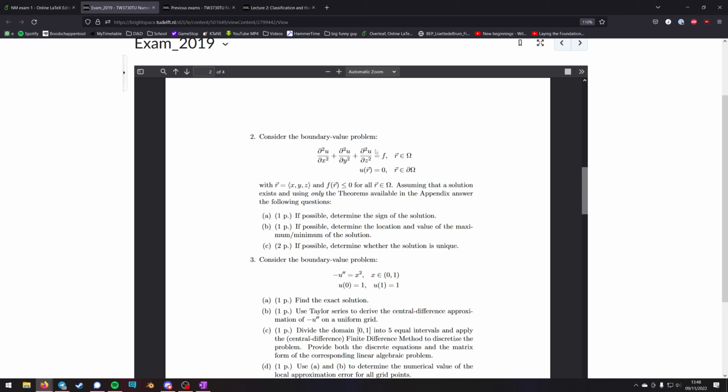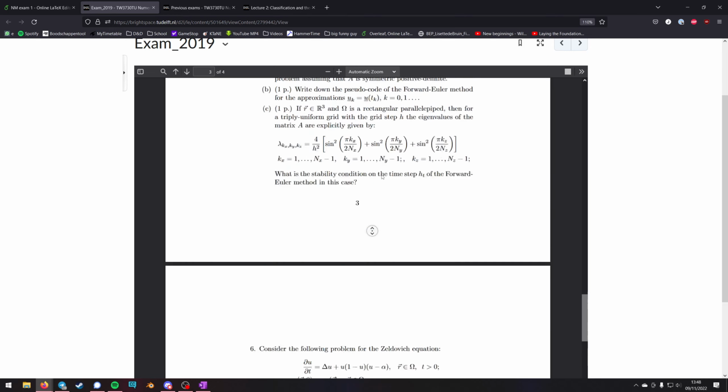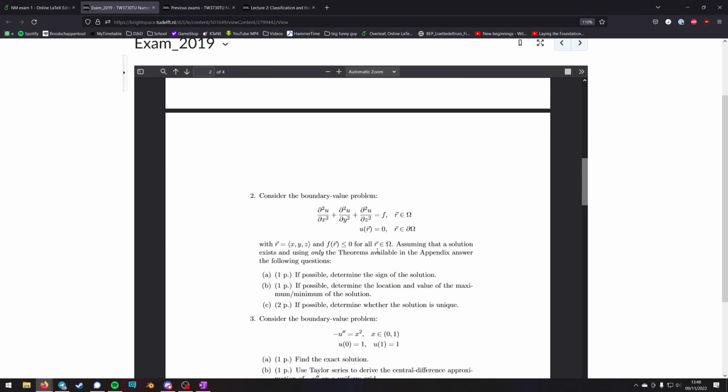Determine the sign of the solution. You can use the theorems in the appendix to determine whether the solution is sub or superharmonic to determine the sign. That's what they say, right, in the question, that we have to use only these theorems. They say, assuming existence and using only the... yeah, true, fair enough. Answer all these questions. Okay, so only the sign of the solution.